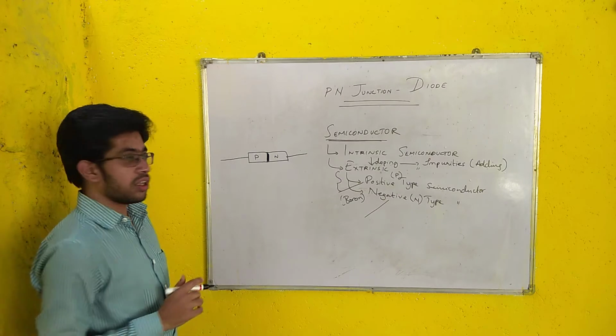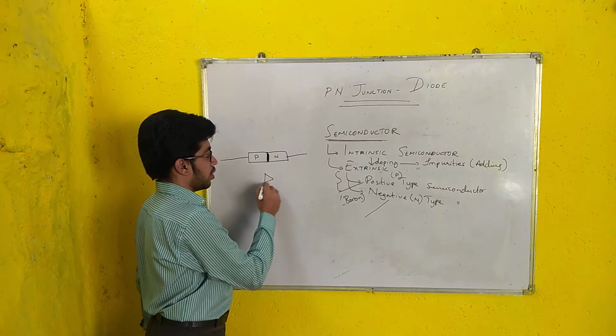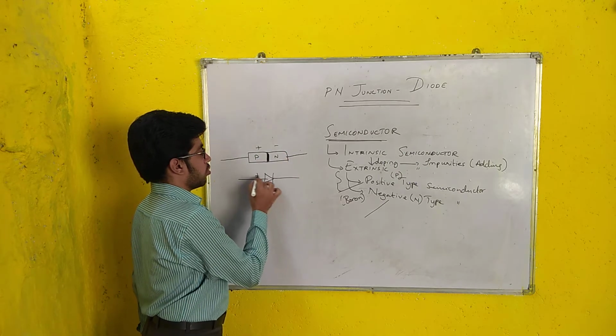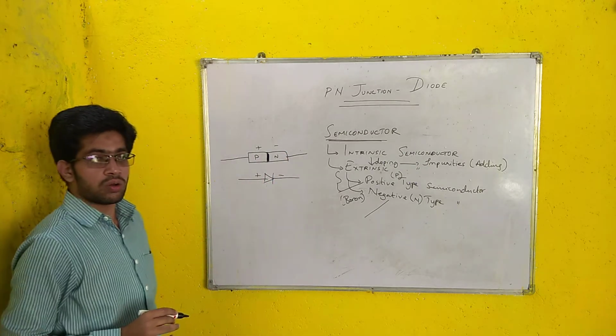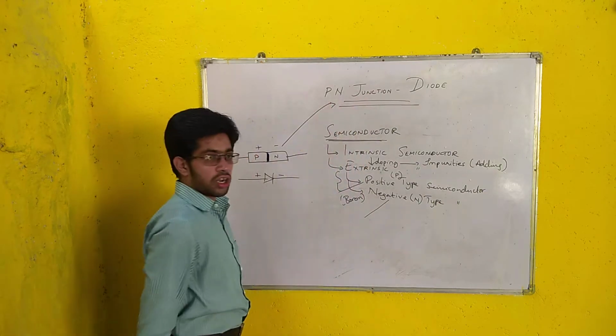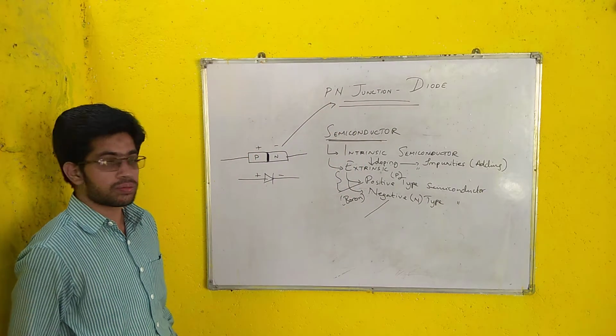This PN junction is also called a diode. Now we have arrived at the PN junction, or diode.